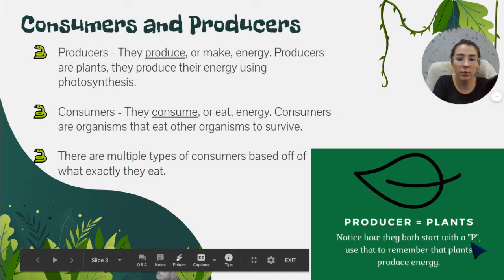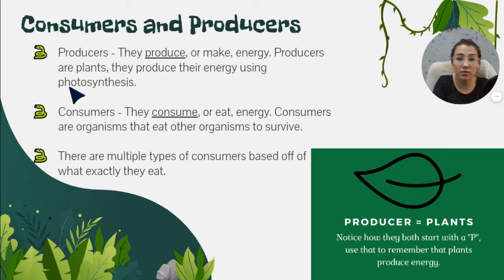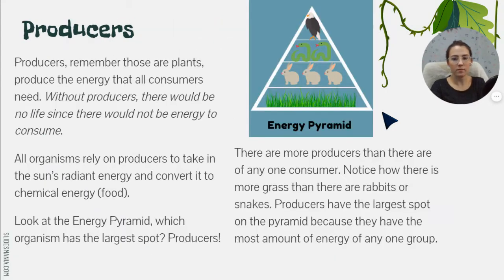Notice that they all start with P, just like photosynthesis does. Outside of plants, you have your other organisms that eat things, which are consumers. They consume or eat energy. Consumers are the organisms that eat other organisms to survive, like us. There are different types of consumers based off what they eat, and we're going to go deeper into that today.